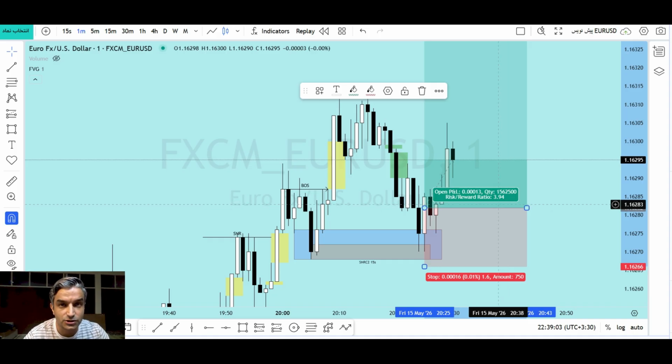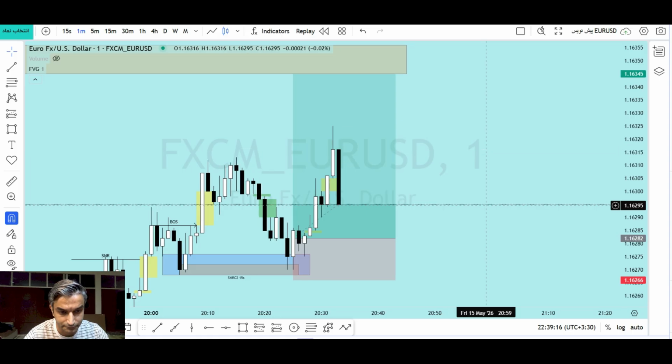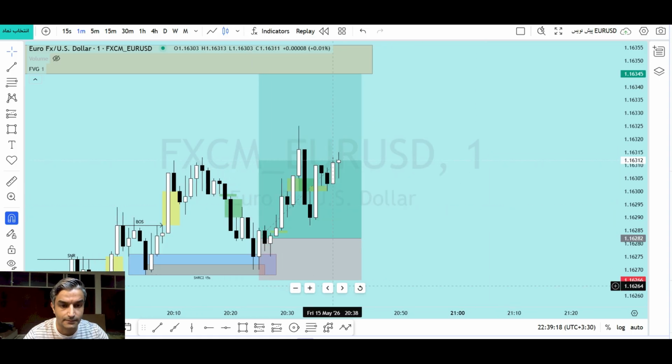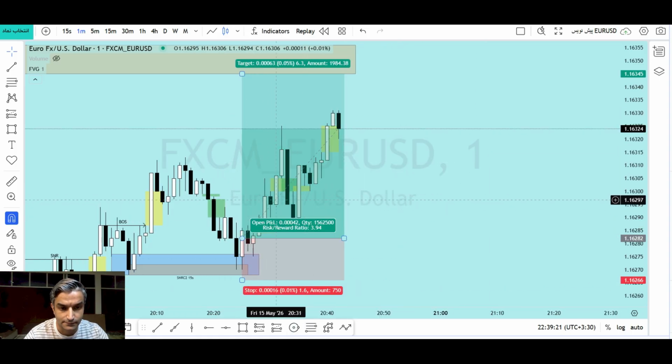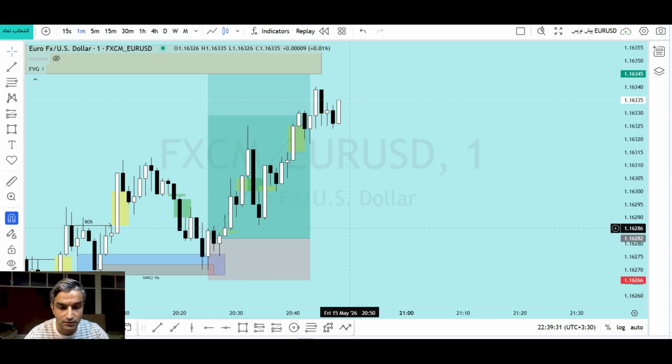Our risk reward ratio is around 4. But let's see what will happen. Can you see, price goes up till our first TP, then had a little reaction and continued.